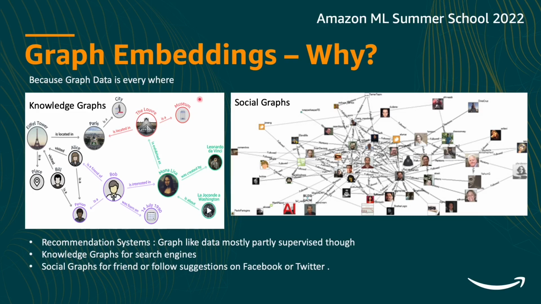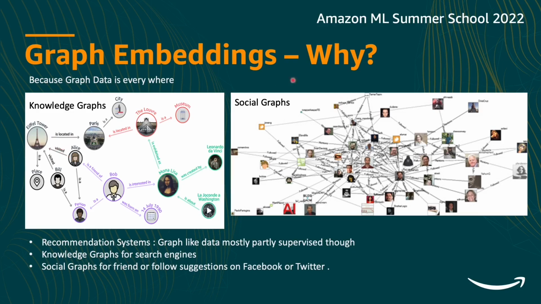So we have knowledge graphs, which basically say how different things are related to each other and their properties. Here it says about the Eiffel Tower, that it's located in Paris, and whether a person named Alice has visited the Eiffel Tower or not. So the edge captures the relationships between the nodes of the graph.